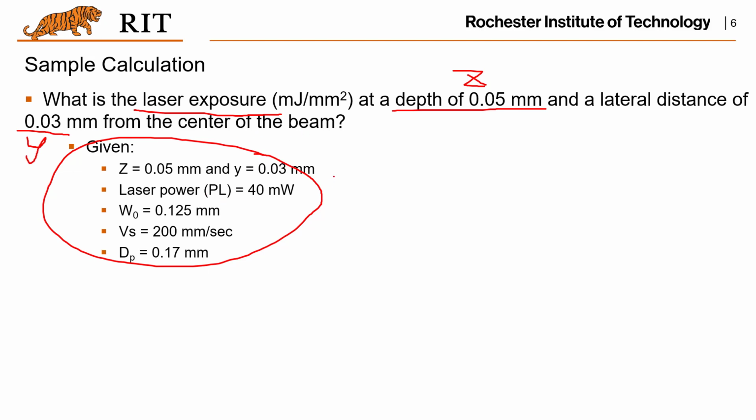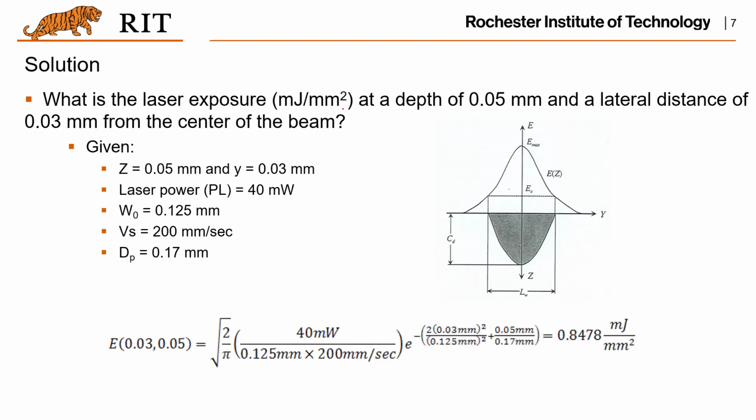You could compute it by substituting the Y and Z and also these numbers into the previous equation, and you will have a laser exposure in millijoule per square millimeters.